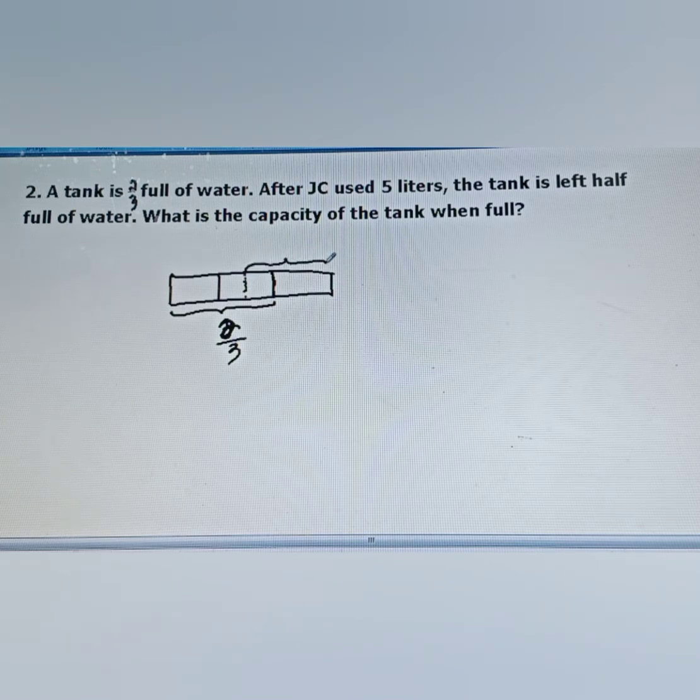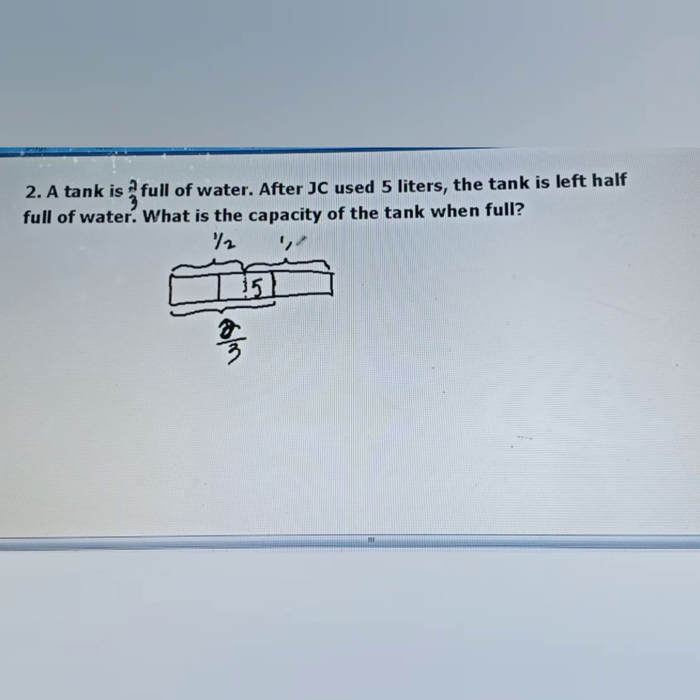Do you agree? So after using 5 liters, this must be the 5 liters, because after using this, the water in the tank becomes half full. There, that's one half. Do you agree?